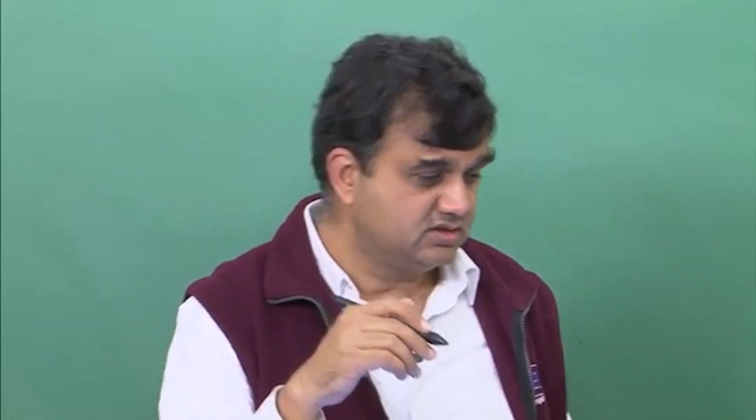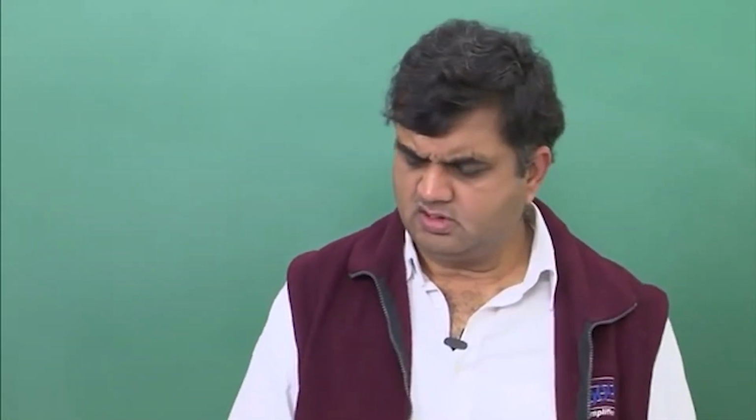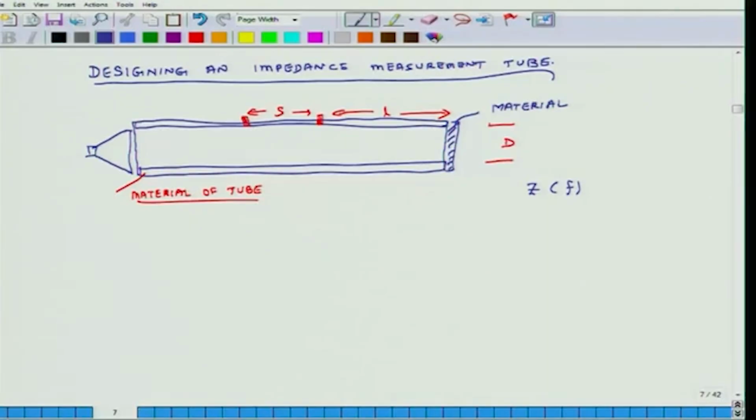The second thing is that whatever we are going to discuss today is based on an international standard prescribed by ASTM, and the number of this standard is E1050-12. So whatever I am going to talk about is based on some of the recommendations of E1050, and some other practical considerations.